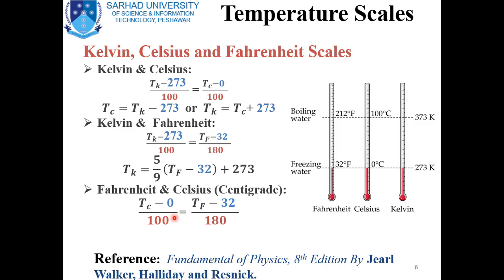We can write Tc minus 0 divided by 100 is equal to Tf minus 32 divided by 180, and we can derive the relation Tc is equal to 5 by 9 into Tf minus 32, and if we know the temperature on the Fahrenheit scale, we can easily convert it into the centigrade scale.